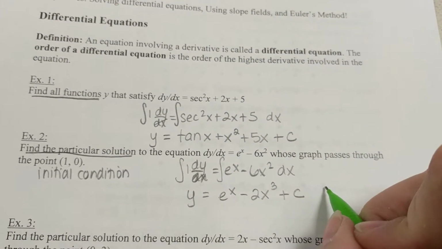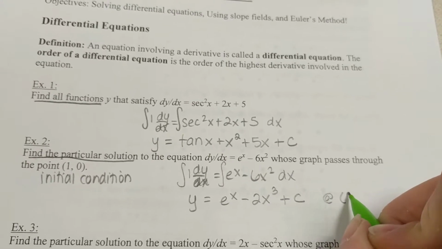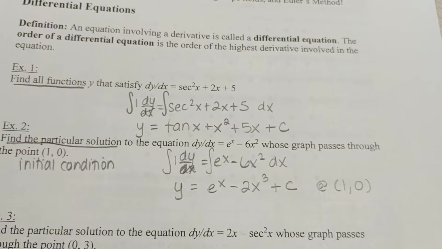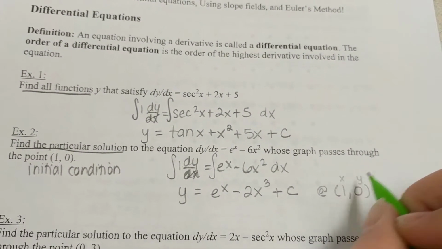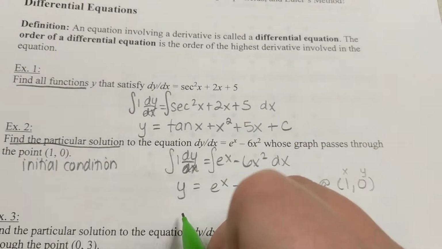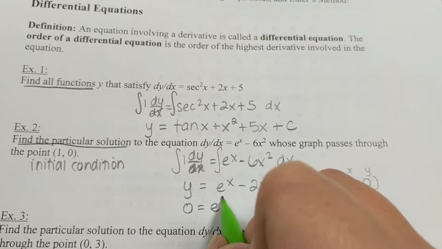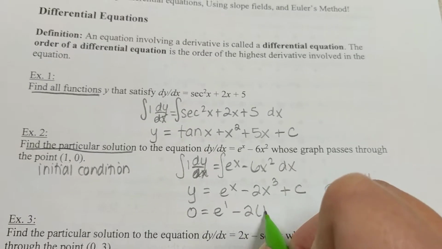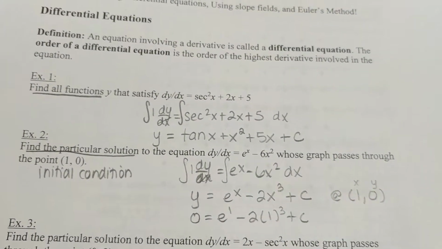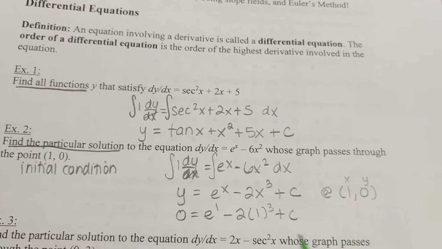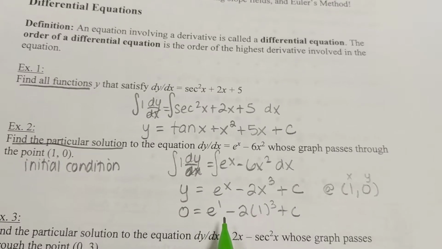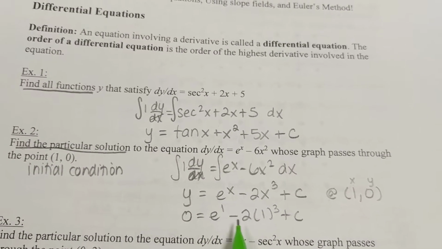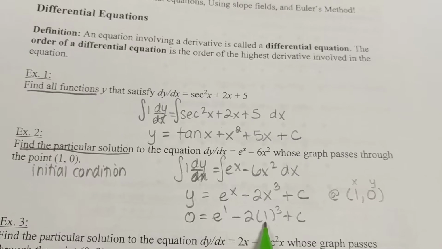Now I need to use my initial condition at 1, 0. So this is my x, this is my y. So when I plug this in, I'm just going to leave this in this simplified version, so e and minus 2.